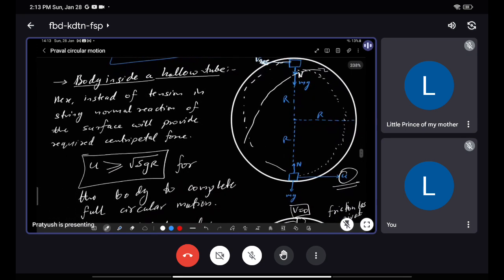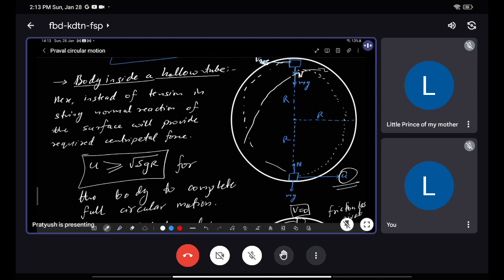Next is body inside a hollow tube. When a body, a block or a small ball of iron or any metal, is inside a metallic tube, then instead of tension, what do we have?